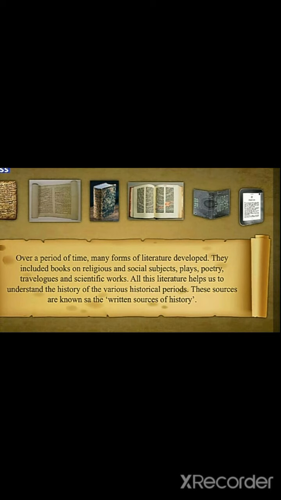Children, the photo album at your home, for example, holds the memories of your grandparents and their grandparents. Whatever things you have at your home are also a source of history. In the same way, religious books like the great epics, Mahabharata and Ramayana, and also social subjects, plays and poetry help us understand the history of various historical periods.